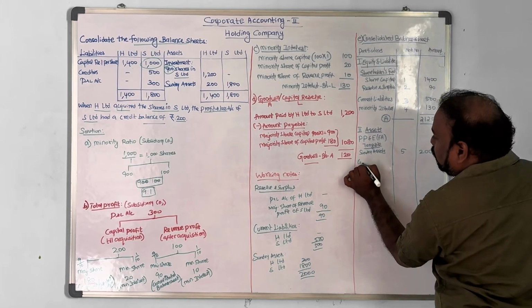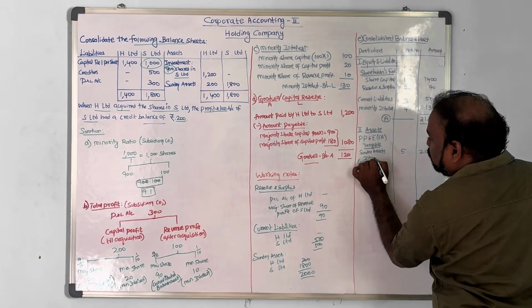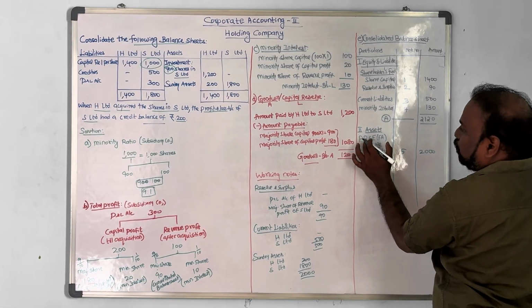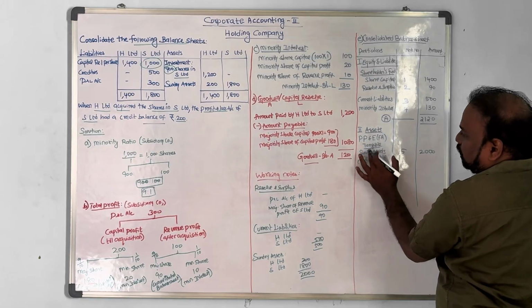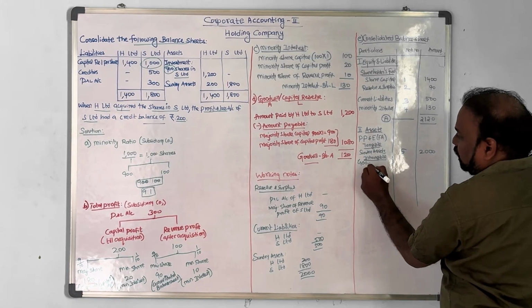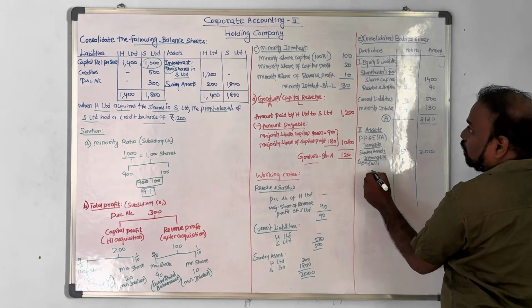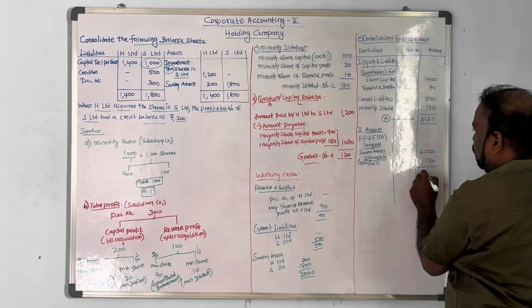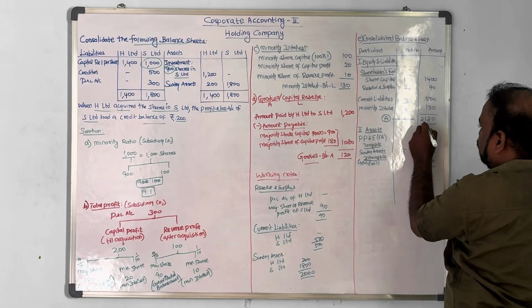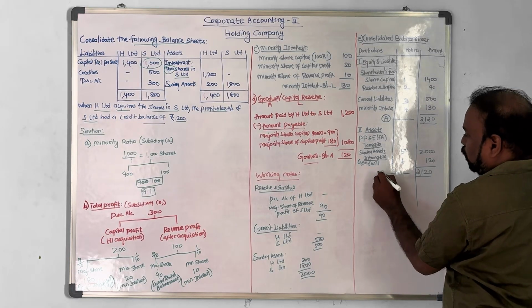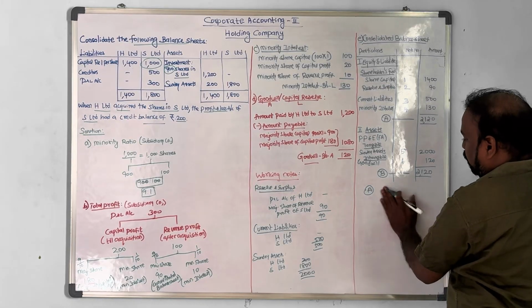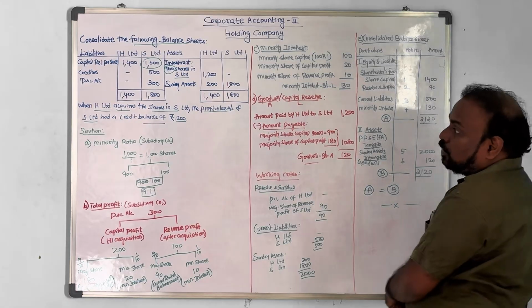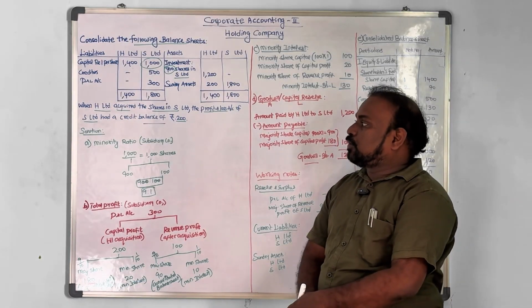Then goodwill, that is intangible asset, which we calculated as 120. When you add, we get 2120. It is B. So A equals B.